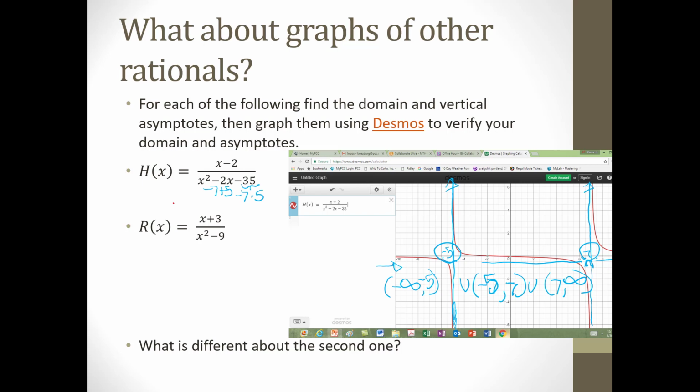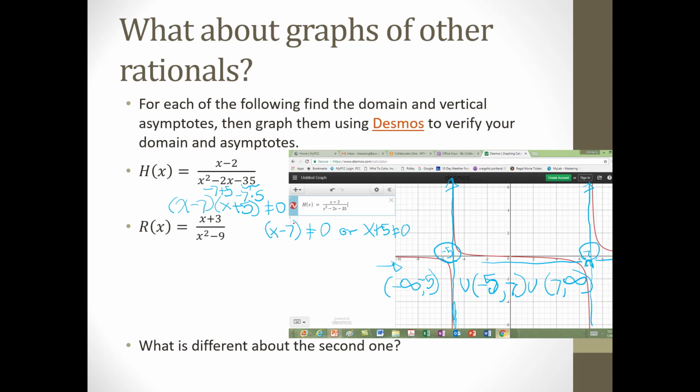The reason for that is because when you factor this, you get x minus 7 times x plus 5. This expression cannot equal 0. When you try to solve that, you end up with x minus 7 cannot equal 0, and you actually don't need the parentheses there, but you can put them in if you want. You also end up having x plus 5 cannot equal 0.